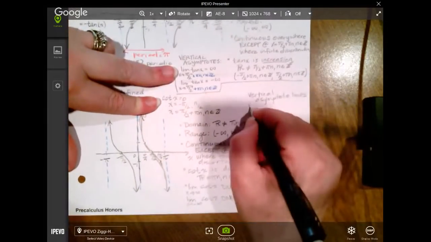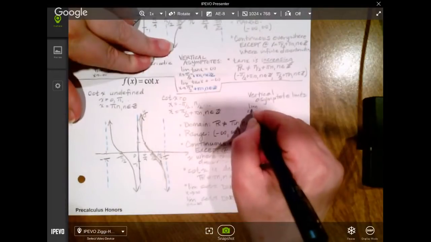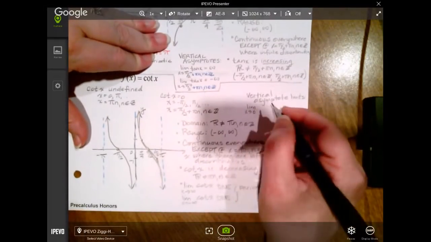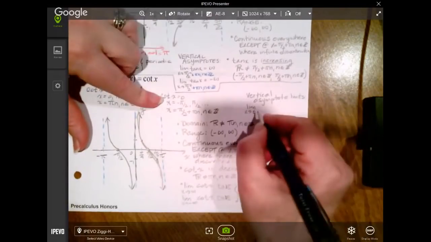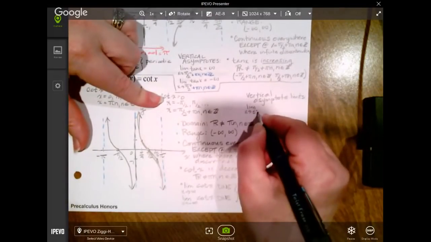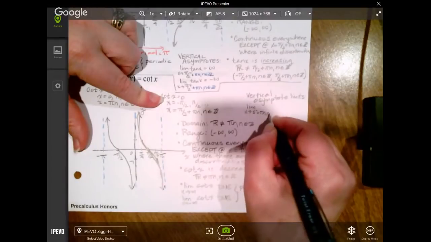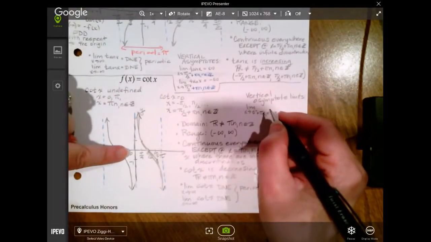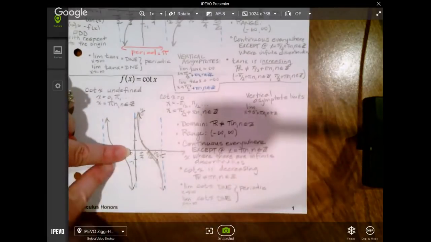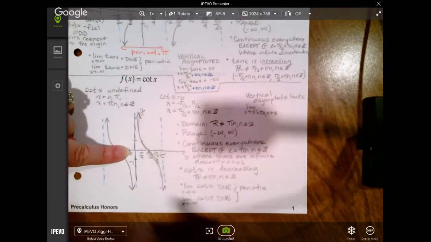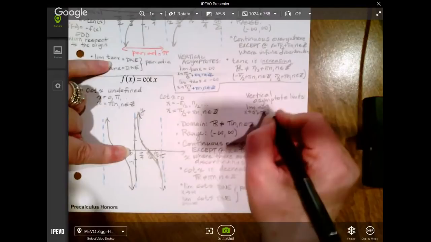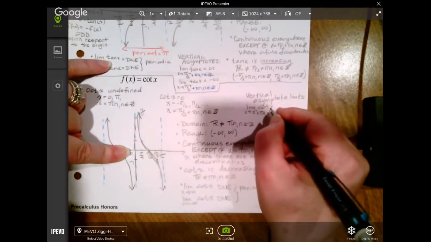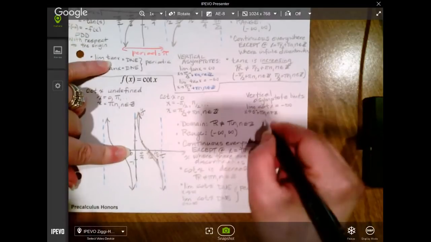We can say that the limit, as x approaches, and let's choose 0, from the left-hand side, plus every pi n after that. So as x gets closer and closer to 0, the function is going to negative infinity. So we can say the limit as x approaches 0 from the left side, or the negative side, of cotangent x is negative infinity.